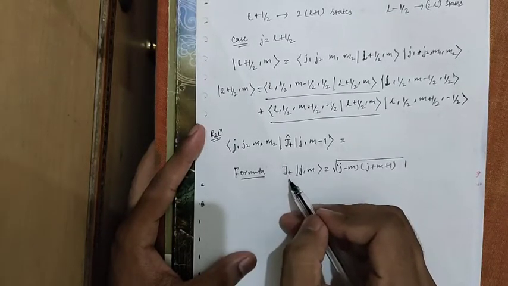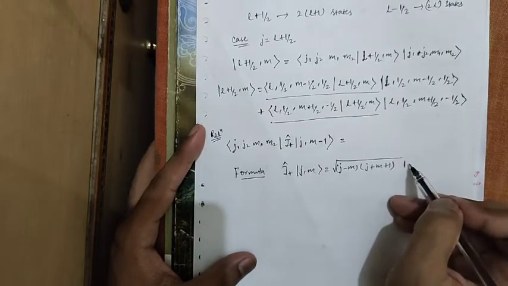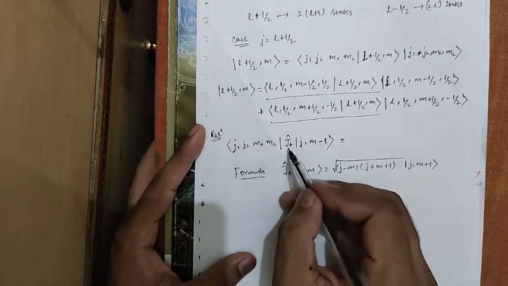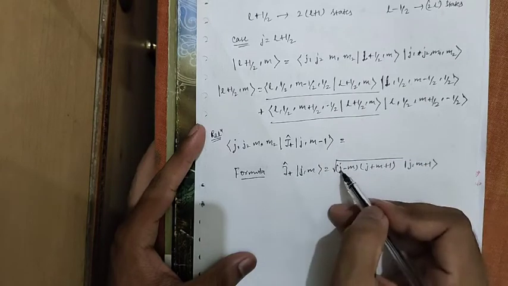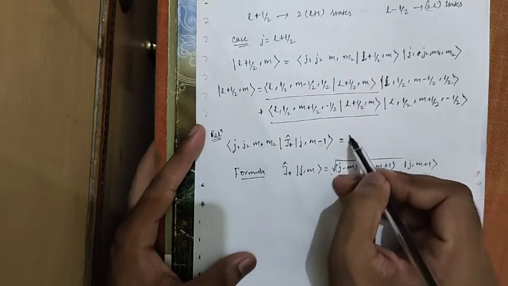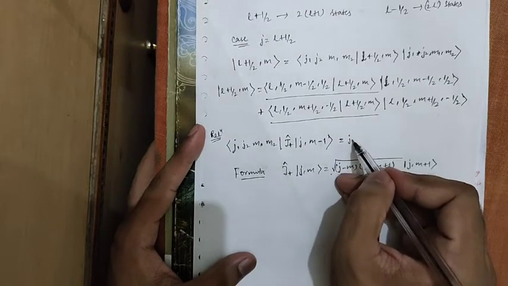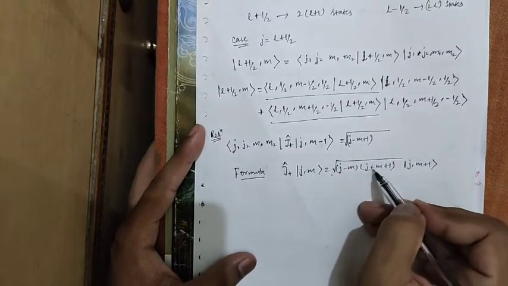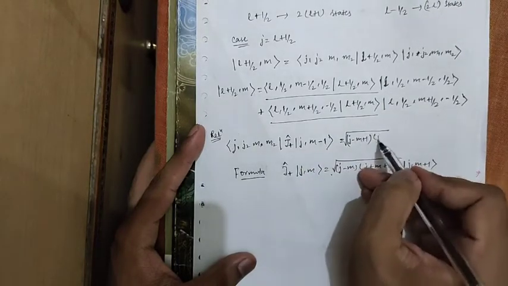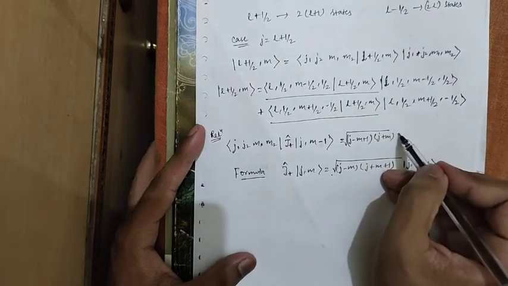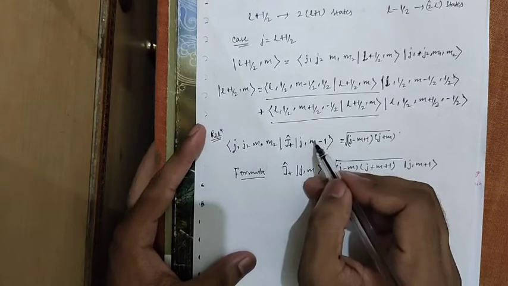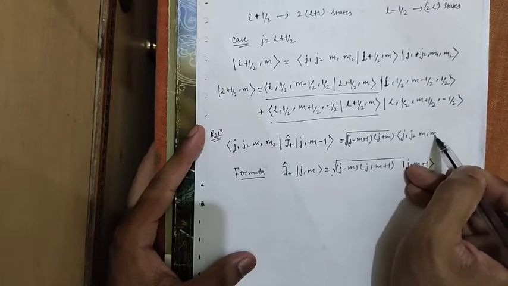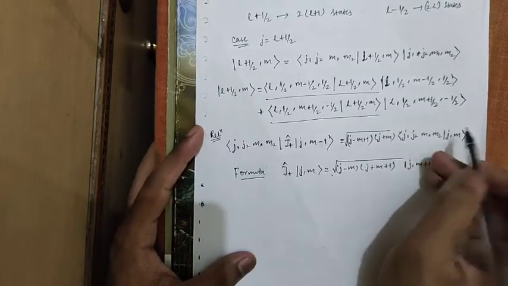As this is a j plus operator, the value of m will increase by 1, and the same case will happen here. The result is j m plus 1.